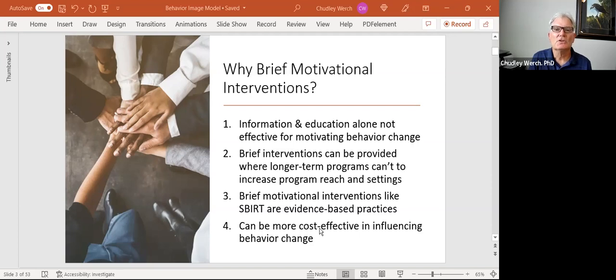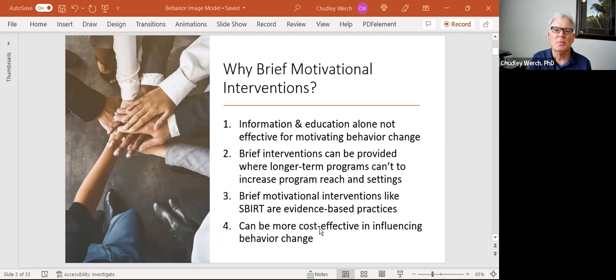So here we go. Lots to cover. Why brief motivational interventions? Why are these important? Number one, information and education alone is not effective. If your goal is to motivate behavior, and I think for most of us the goal is we want our participating youth, young adults, and adults to change, to decide to live a healthier lifestyle, avoid substance use, engage in healthy behaviors, make good choices, if you will.